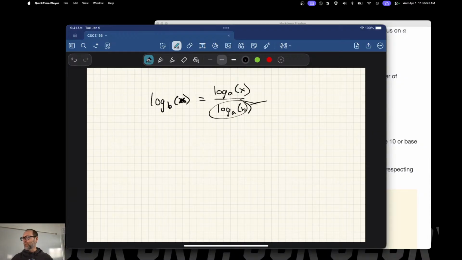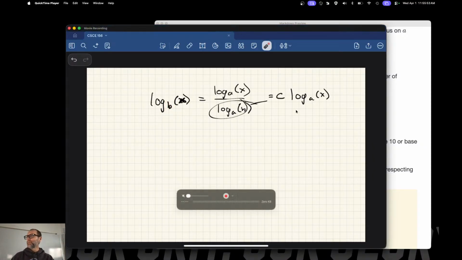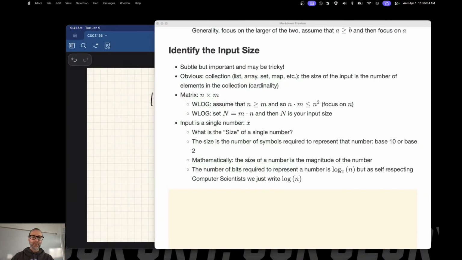That's just some constant sitting out front. Let's call it c. And so now it's c times log base a of x. You can change from b to a or back and forth by simply taking some constant out front. Unless the constant is what? Unless the base is 1. Now it all fails. Why? It blows up. It's now infinite. Okay. All right, so the input size is generally the number of bits required.